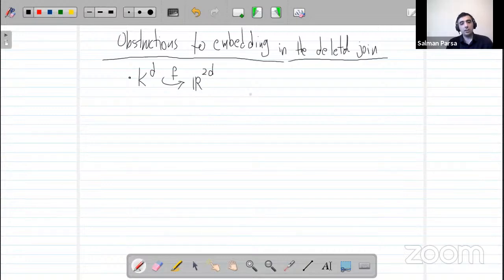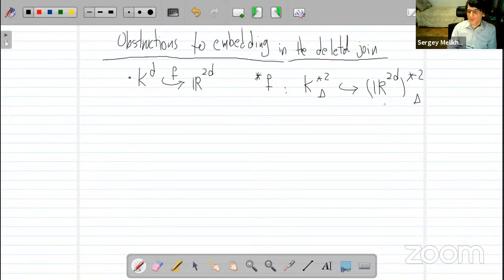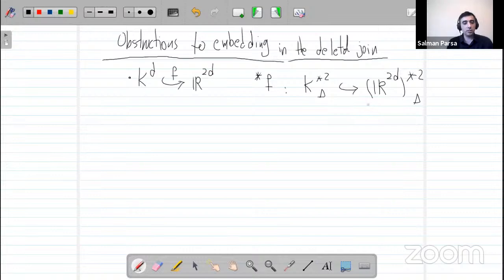And this embedding allows us to define a function, let's say f star, from the dilated join of K into the dilated join of R to the 2D. So here R to the D is triangulated in some way, and you are taking the simplicial deleted join. I'm taking the definition I just said with the X.